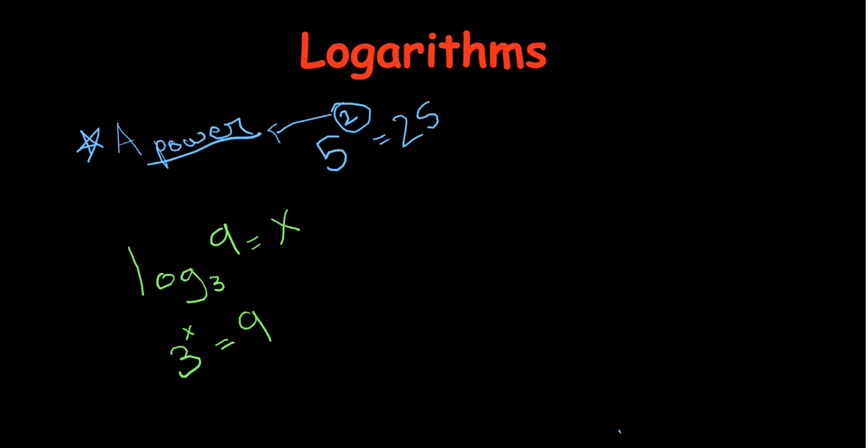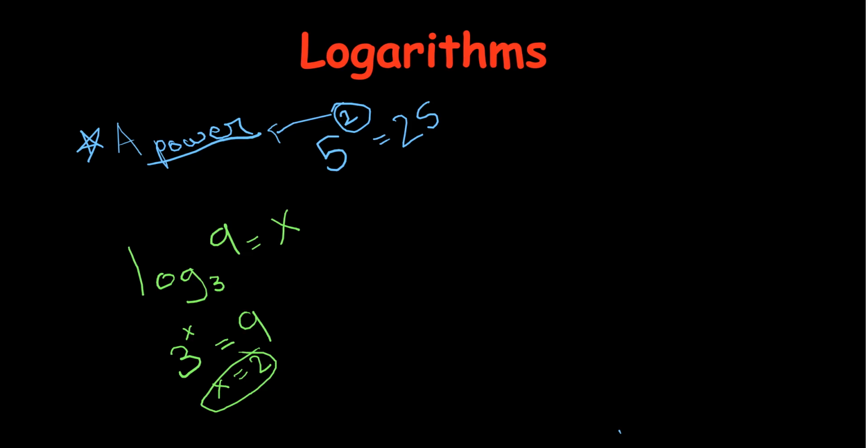It's much nicer to look at this as opposed to the log form, because this tells you exactly what you need. So if it helps you, it's always good to write it down in exponent form, so that you know exactly what to solve for. And again, if you knew this, you'd know that x is going to be equal to 2 again. It's that simple. That's all it is.